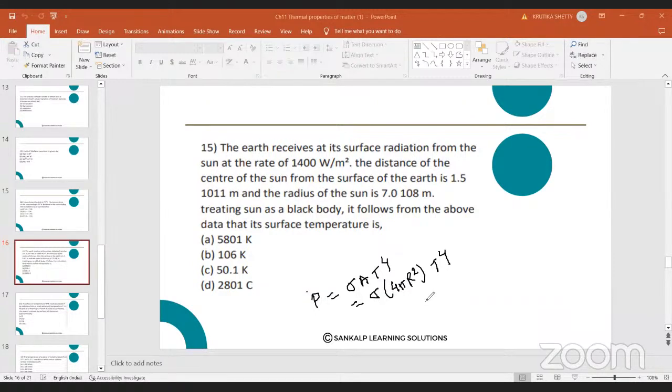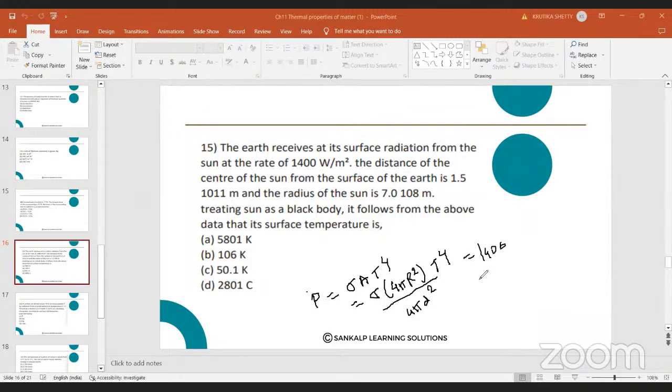Here the power per unit area. So this is sigma 4 pi r square T raised to 4 divided by 4 pi d square, and this value they have given as 1400.